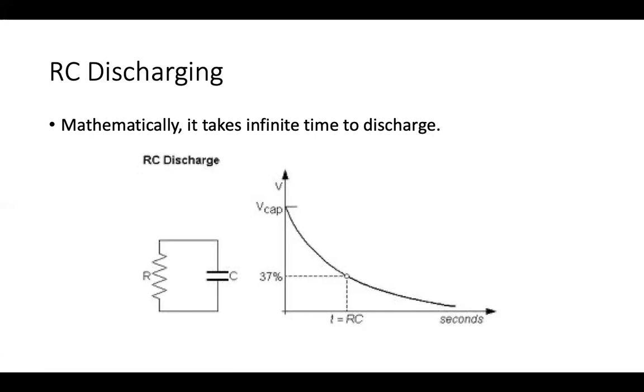It's in the unit of seconds. So this value is very important because it's a circuit property, or circuit constant. For a circuit with a capacitance and a resistance, RC is a constant.